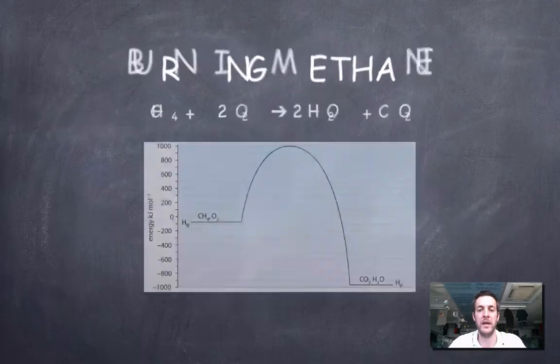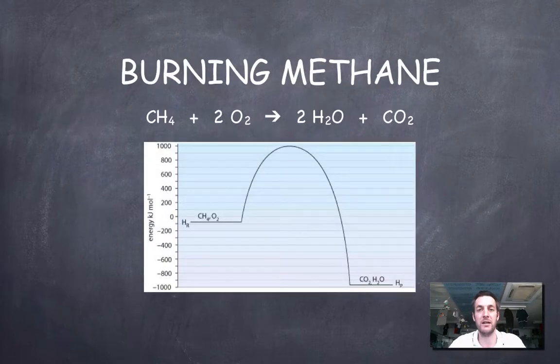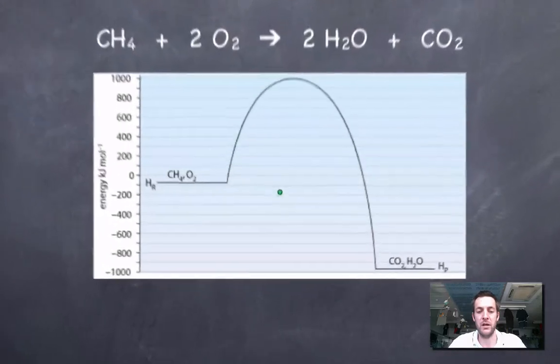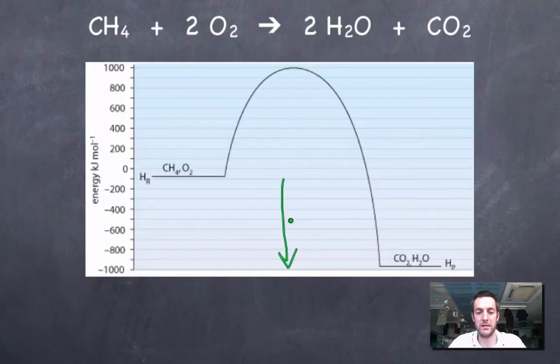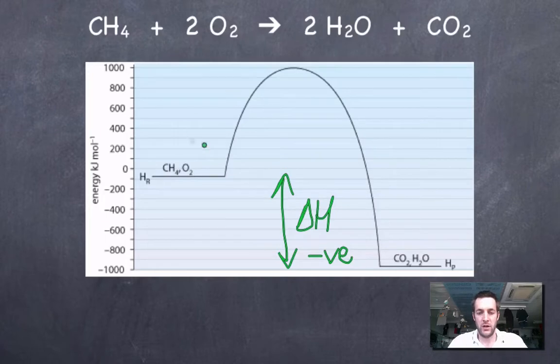So now, if we look at a particular chemical reaction, a specific one here of burning methane. Burning is an exothermic process, we know that, so we ought to be expecting to see a negative enthalpy change, and indeed that is what we've got here: a negative delta H. So if we bear in mind what's going on in this reaction, we've got our reactants over here and our products over there.